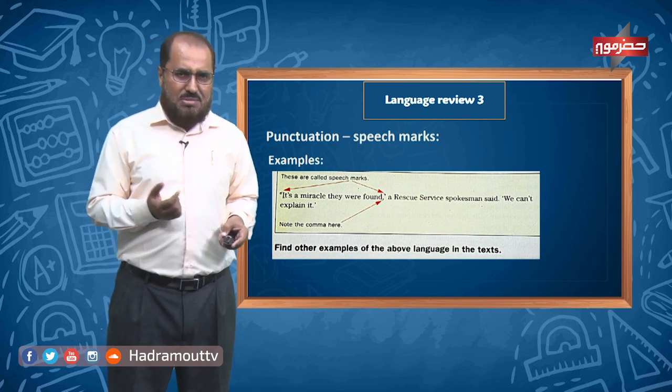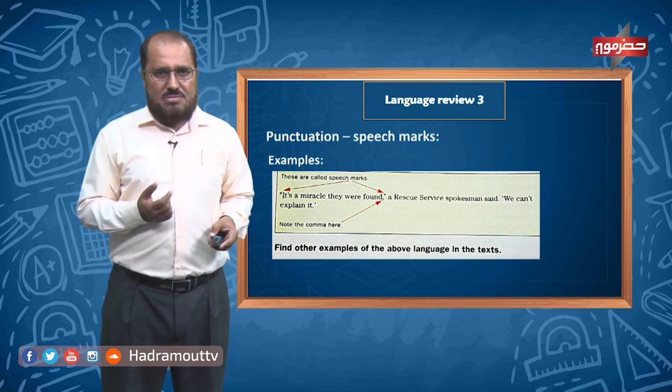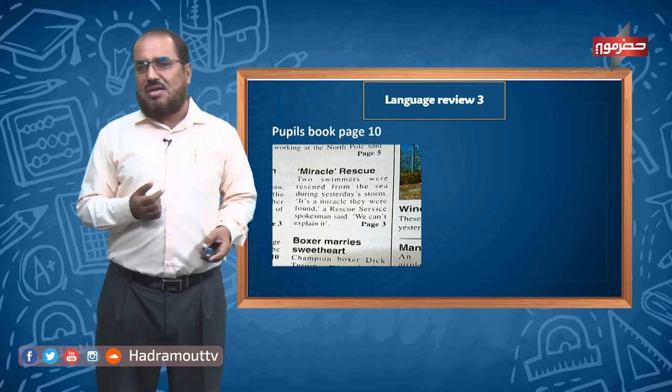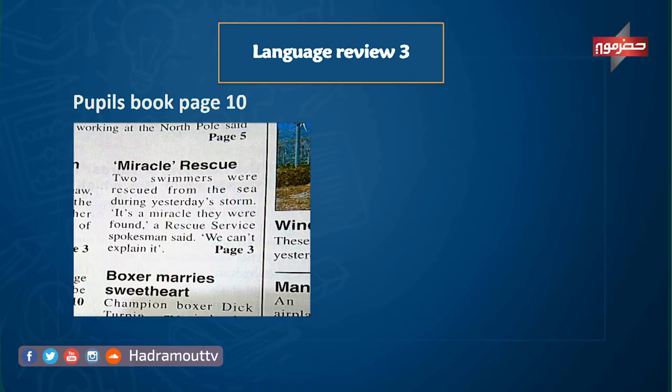Let's have more examples. Also in your published book, you can open page 10 and you will see something like this. This is a newspaper page. The front page usually takes different topics, or some information from different topics, that is explained in detail in the other pages.